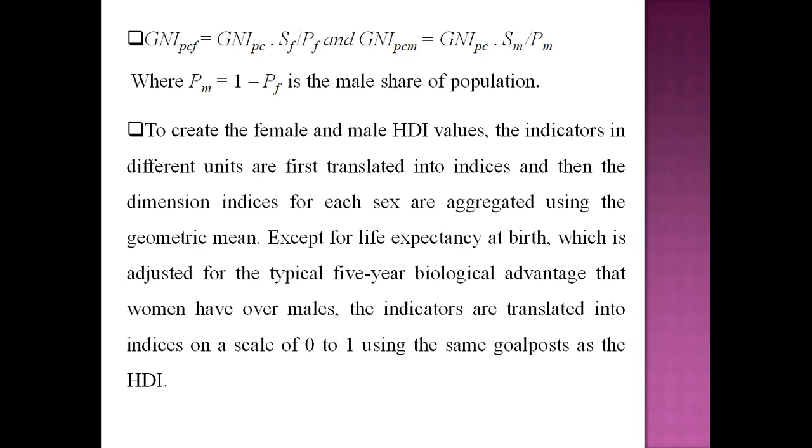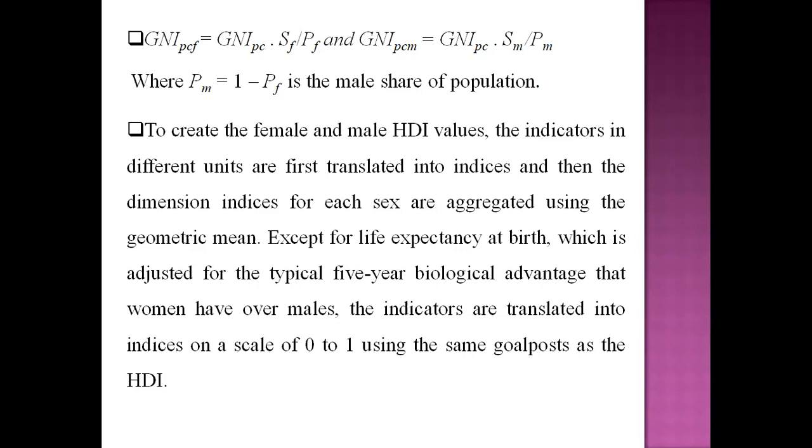Because here we have to use the gender related issue, so we will calculate HDI separately for female and male, except for life expectancy at birth, which is adjusted for the typical 5-year biological advantage. So here we are assuming that female life expectancy at birth is greater than male.